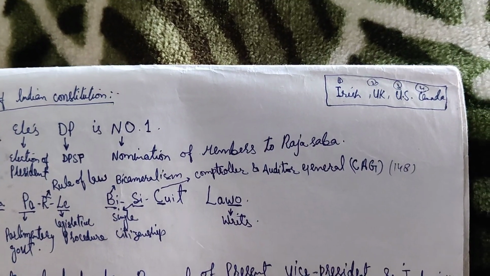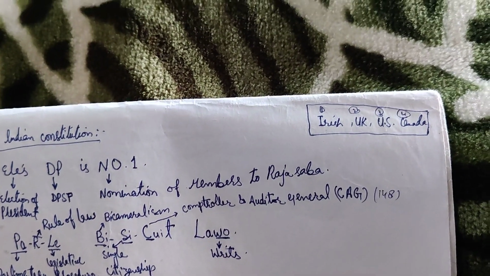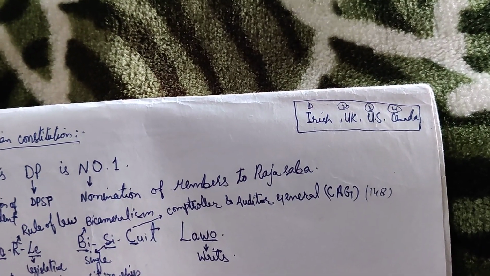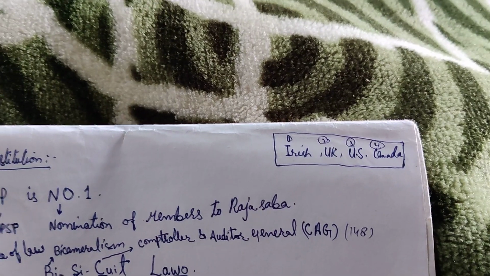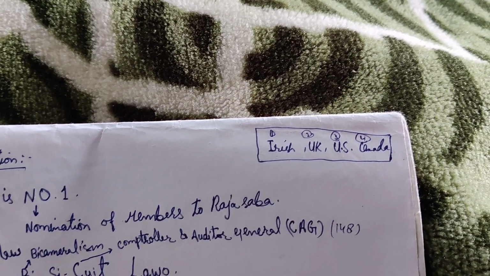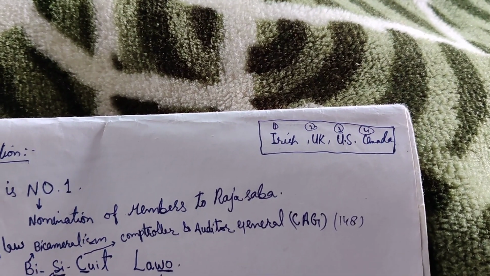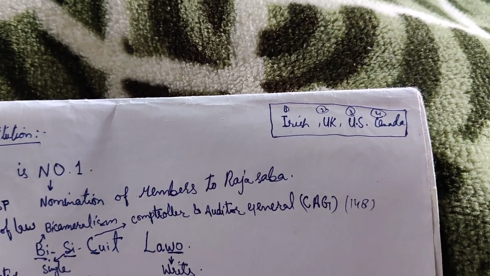In this video, I have mentioned 4 countries from which we have borrowed many features of our constitution. That is Irish, meaning Ireland: the Constitution of Ireland, Constitution of Britain, Constitution of USA, and Constitution of Canada.